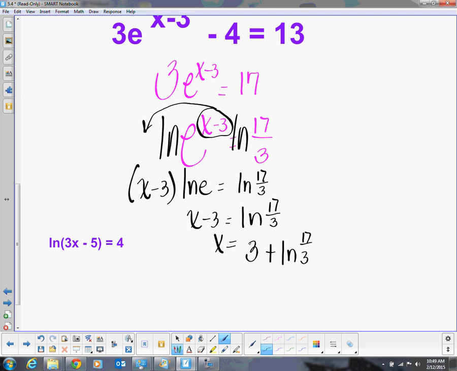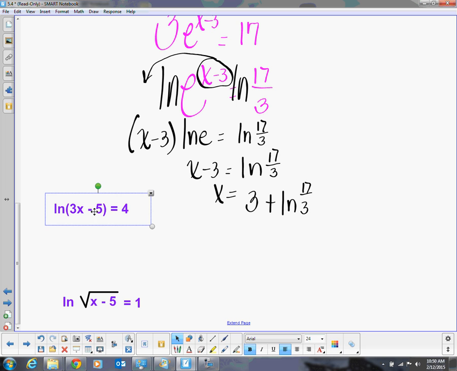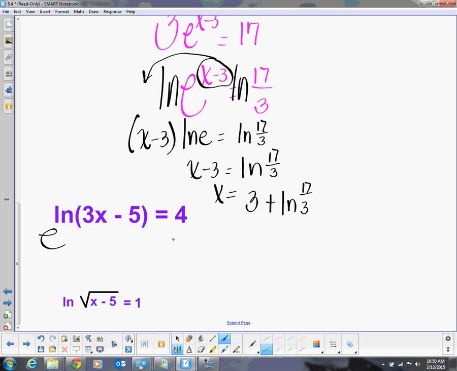How are we going to do this next one? ln 3x minus 5 equals 4. We can't do anything over subtraction. What are we going to do? What is this base? Actually, the inverse is the e function. So we e both sides.